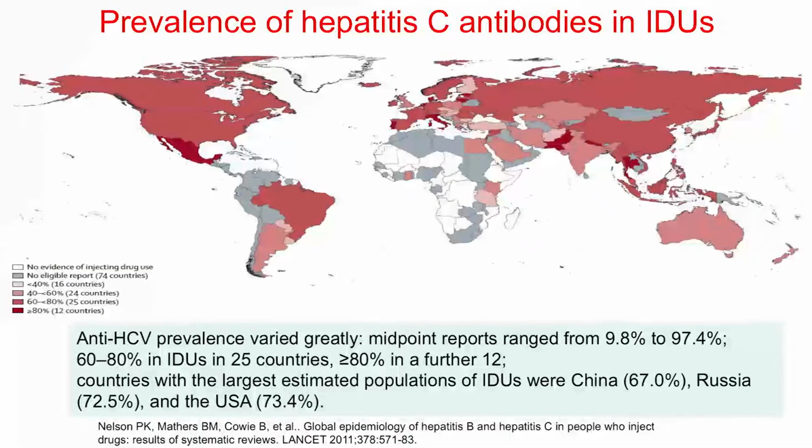That's the data from 2005. Whereas we can see in injection drug users, the prevalence was much higher. You can see in some parts of the world, even higher than 80% in some countries. So in general, this contributes a lot to the prevalence in the general population.